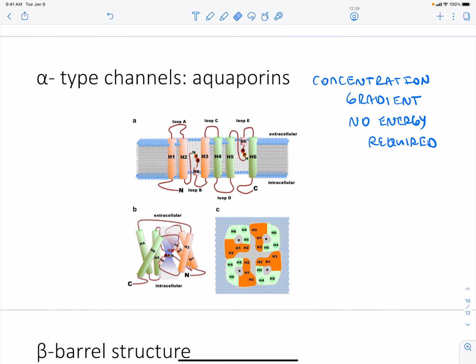The loss of function of a kidney aquaporin is associated with nephrogenic diabetes insipidus.